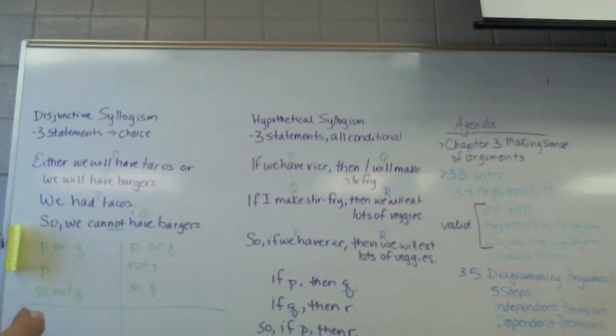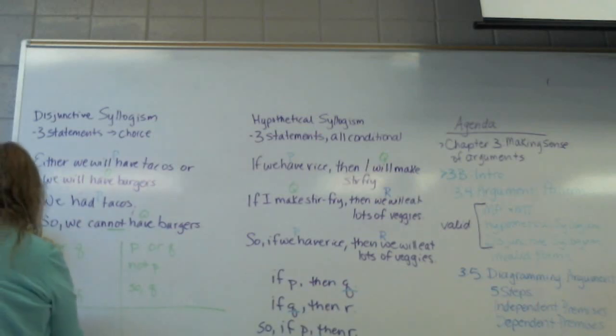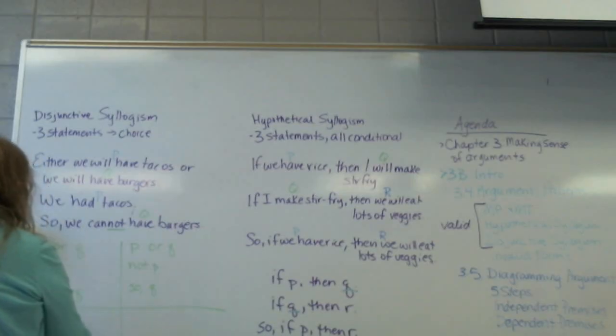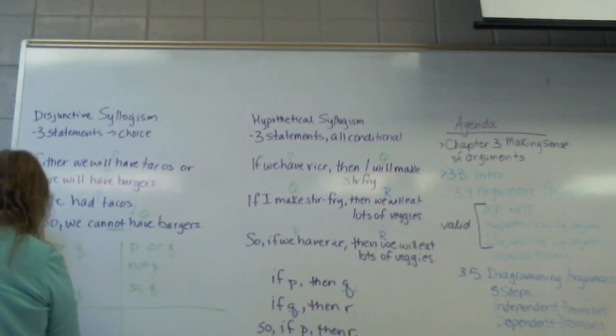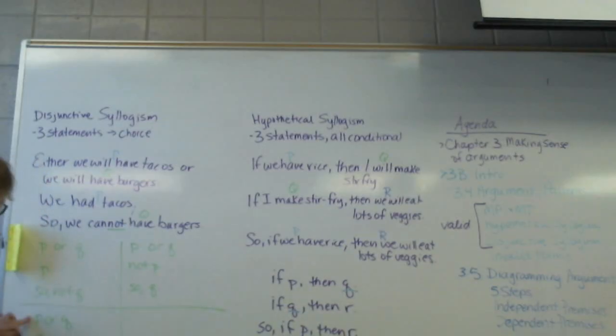Not so bad. Again, P or Q, we're going to have either we will have tacos or we'll have burgers. We had burgers, so not tacos. So P or Q, Q, we had burgers, so we will not have tacos.